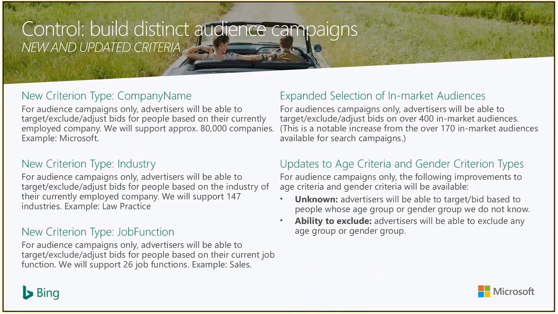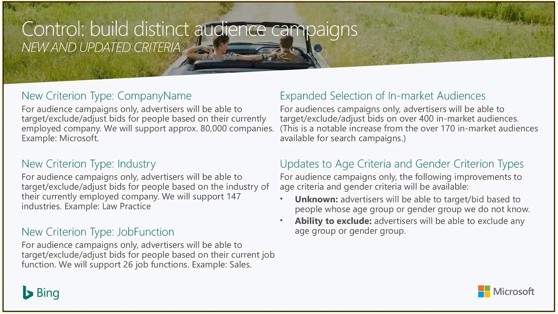All right, so first and foremost, we are introducing 3 new professional targeting ad group criterion types: company name, industry, and job function. These allow you to target users based on the professional profile information that we know about these users based on their LinkedIn profiles.